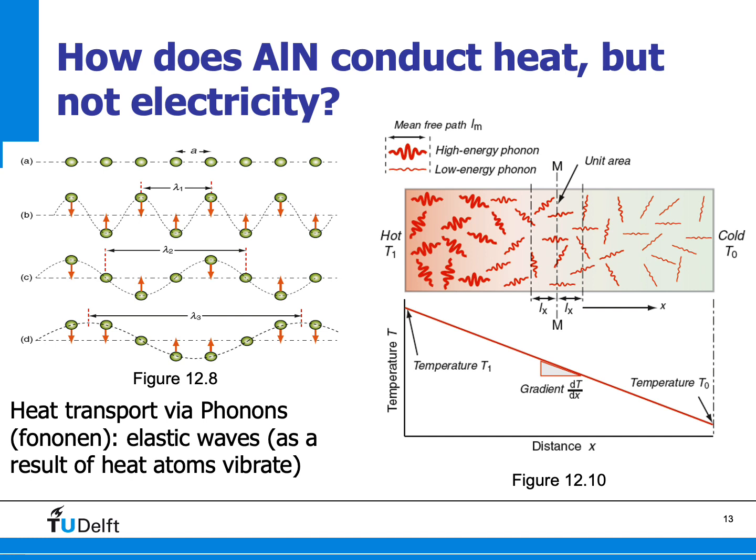These elastic waves can travel through the material, and that's basically what you see here in this part of the picture. If this is a piece of material which is hot on one side and cold on the other side, we find these elastic waves, these phonons, here with a high amplitude where the material is hot, and with a low amplitude where the material is cold.